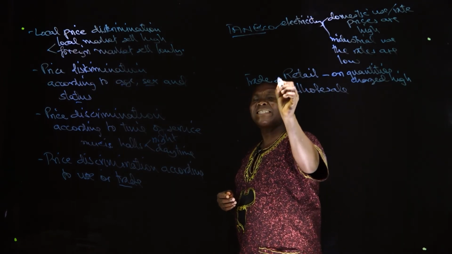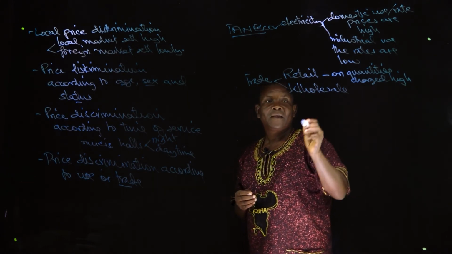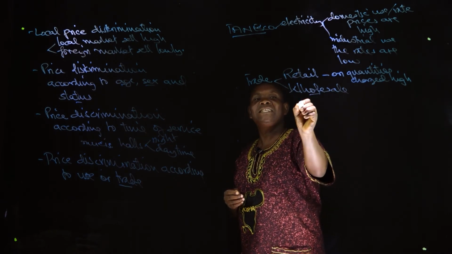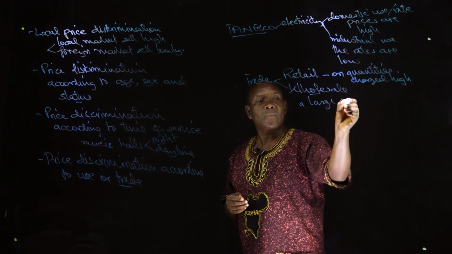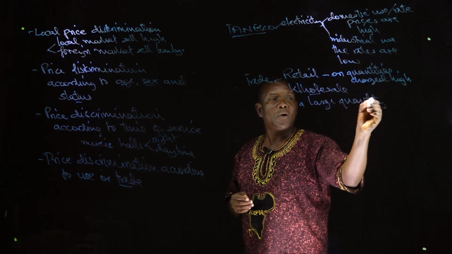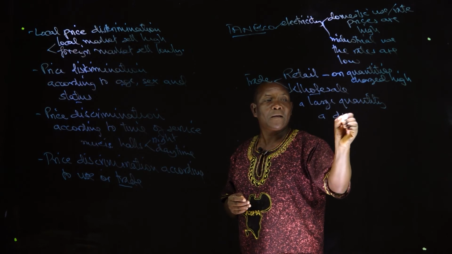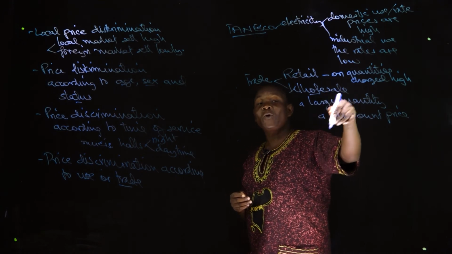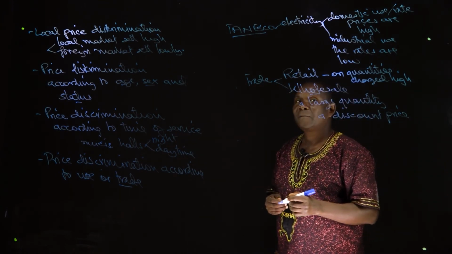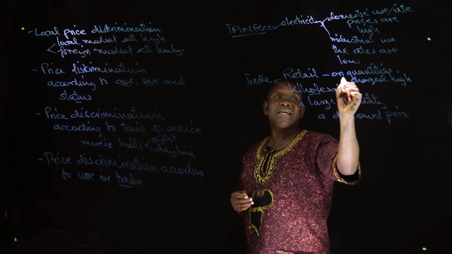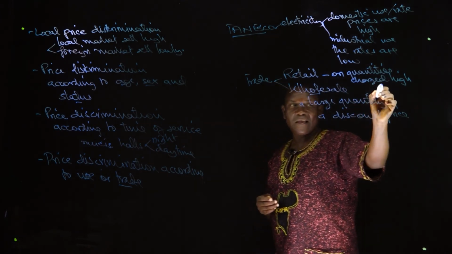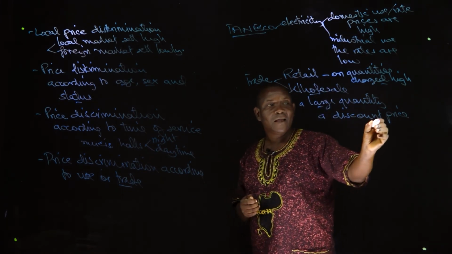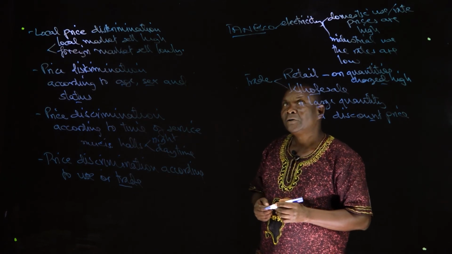But if you are buying charcoal in a sack, or you buy a large quantity, you get a discount price. So the price that you will be charged will be low. So one who buys a small quantity is charged high prices, and the one who buys large quantities is charged low prices.